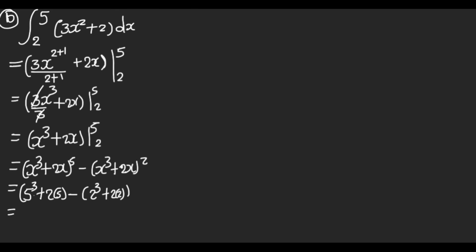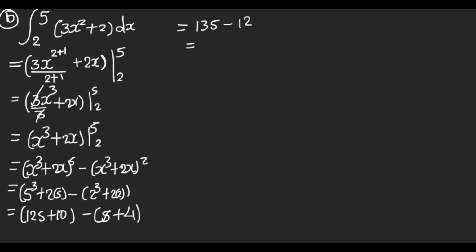So 5 raised to the power 3 is 125. 2 times 5 is 10. 2 raised to the power 3 is 2 times 2 times 2, that is 8, plus 4. So 125 plus 10 will give us 135, minus 8 plus 4, we get 12.